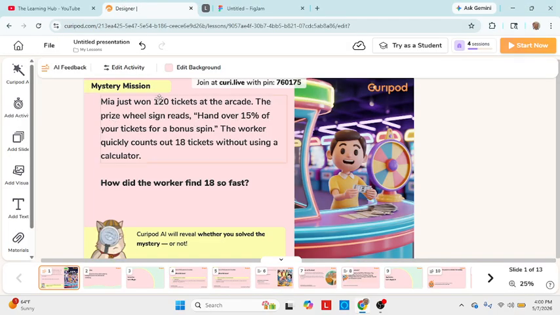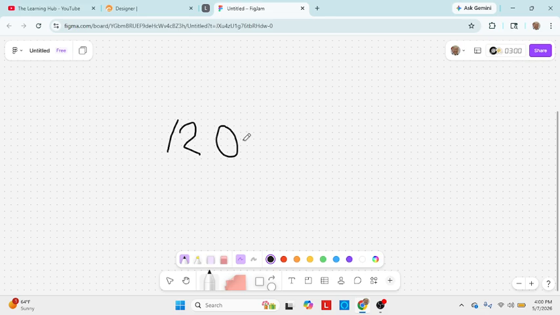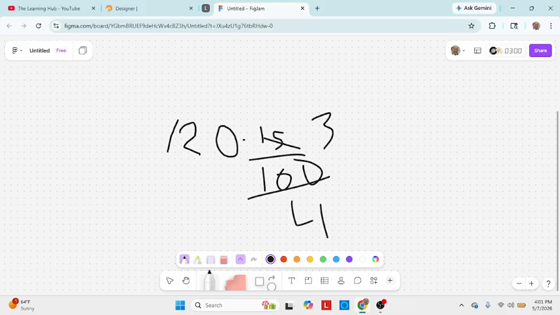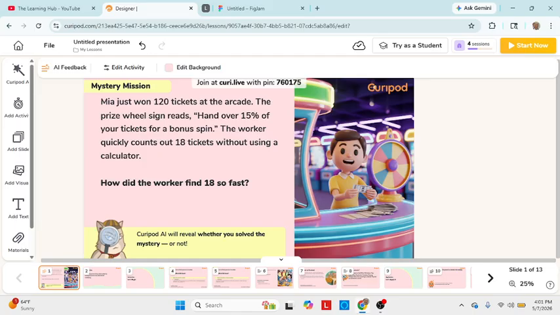And then it reads, hand over 15%, so 15 by 100. And then this simplifies to 3 by 4.